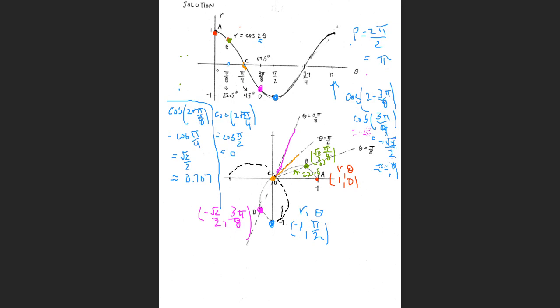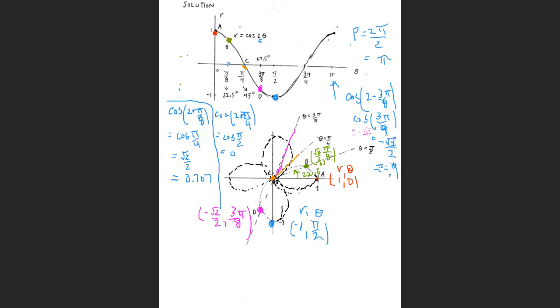And if you do another cycle and graph the points, that would be your graph. You get a 4-leaf rose.